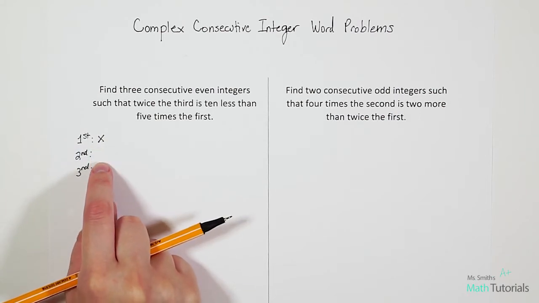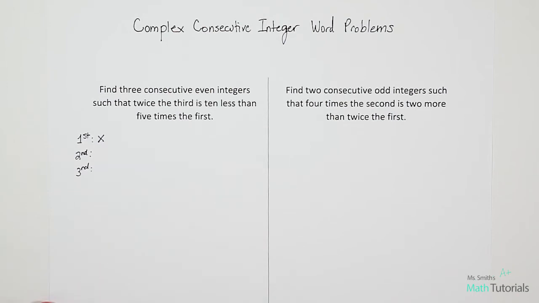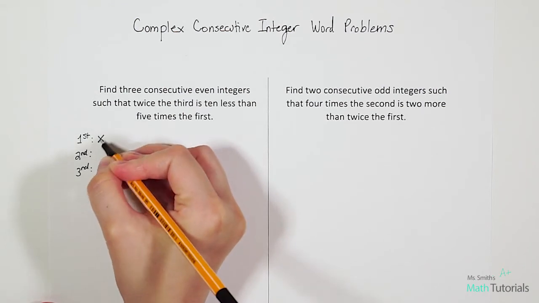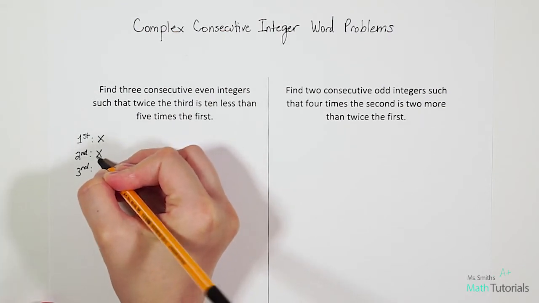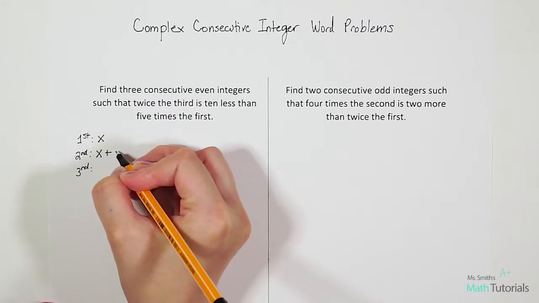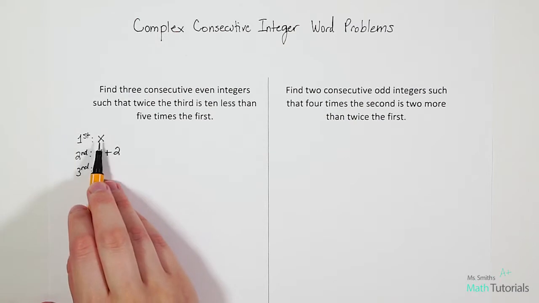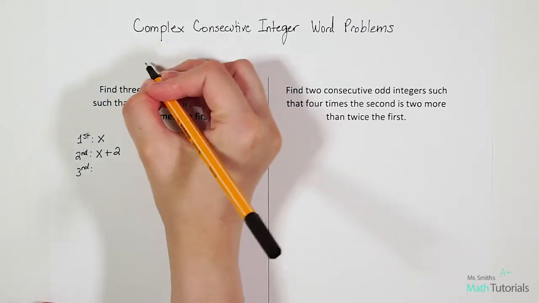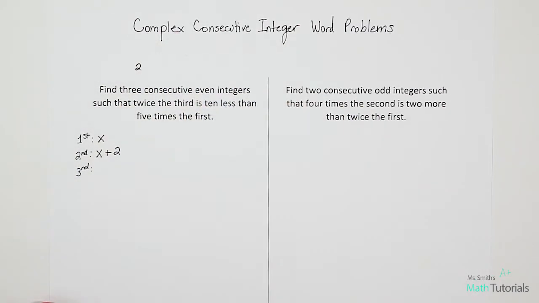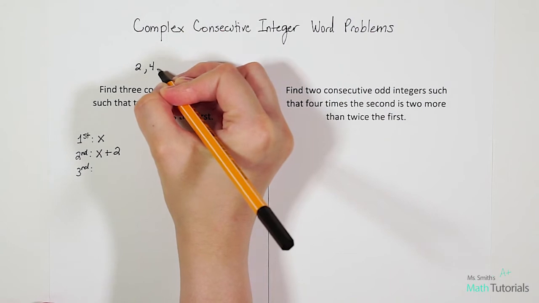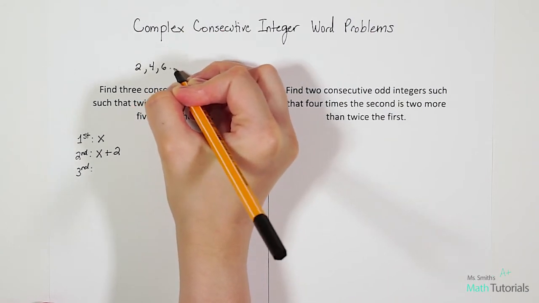Now our second number, let's think through this. If it's a consecutive even integer, that means we would take our first number, x, and we're going to add 2 to it. So let's think about that. Let's just say x was 2. What would be our next even number? Well, it would be 4, right? And then it would be 6, and so on.